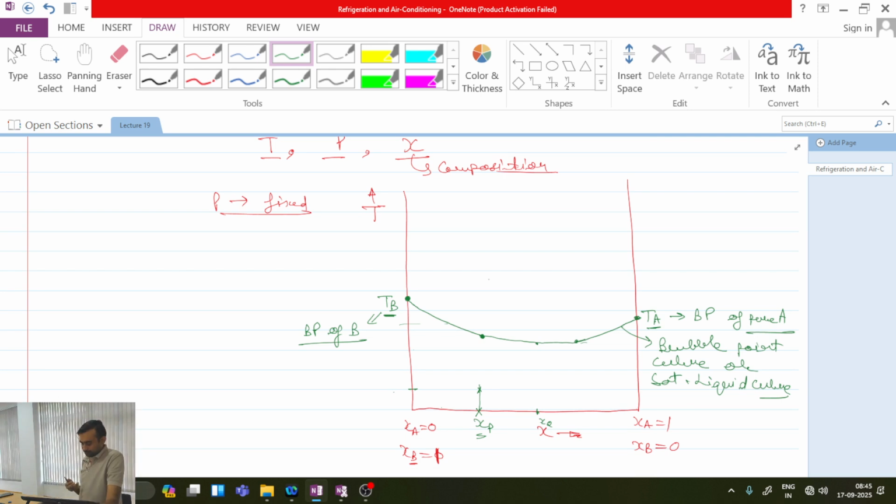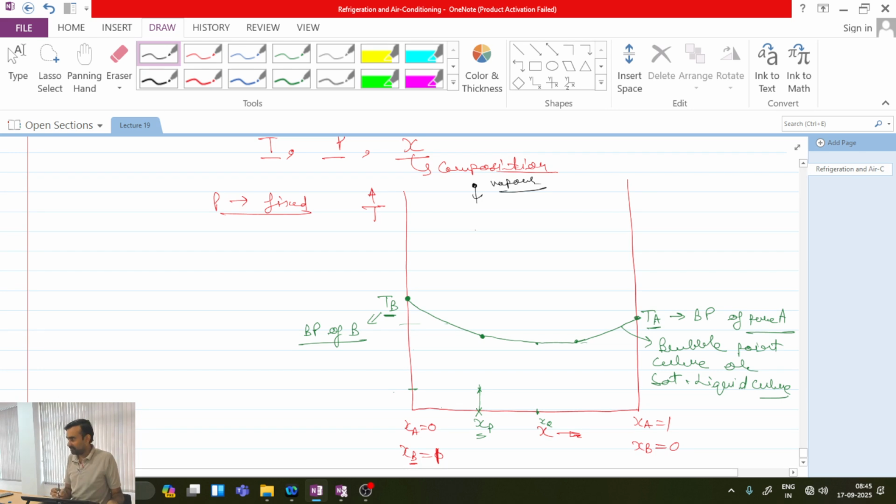Now let's go to another scenario. Say at the same composition, I was at a very high temperature where everything was in the vapor state. So inside the chamber everything was in the vapor state. Okay. Now in this case, from this point if I start cooling under constant pressure and constant composition conditions, what will happen?